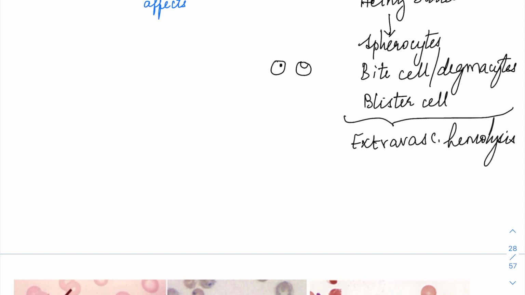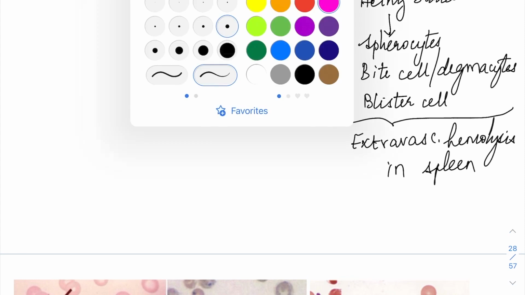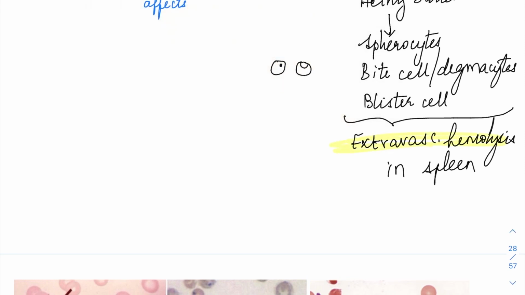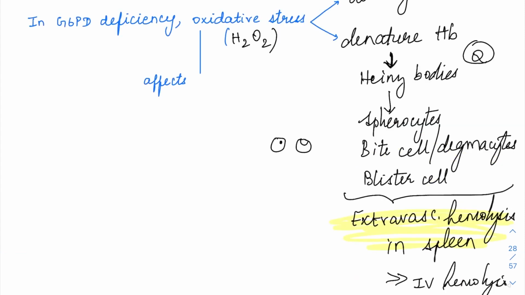So both intravascular and extravascular hemolysis happen in G6PD deficiency, but it is the extravascular hemolysis which is much more predominant. The most common one is extravascular hemolysis more than intravascular hemolysis, right? And this oxidative stress usually affects older RBCs compared to newer RBCs.